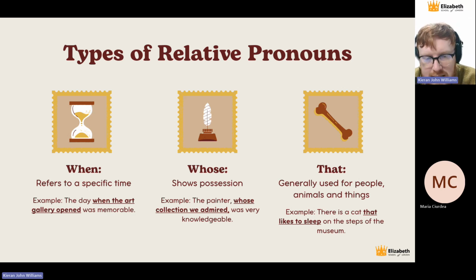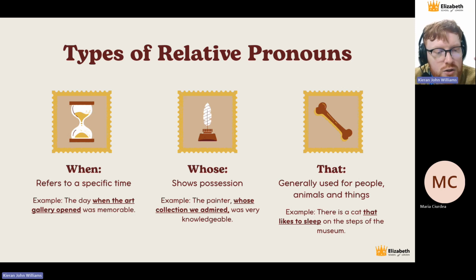And in the example, it tells us there is a cat that likes to sleep. So that is relating to the cat. So those are the 6 relative pronouns we're going to be looking at today. When we start a relative clause, we need to use one of those 6 words.